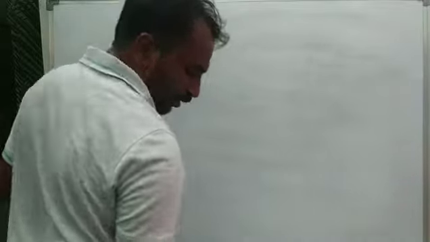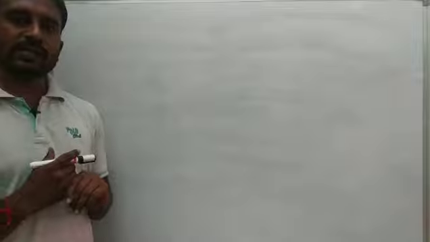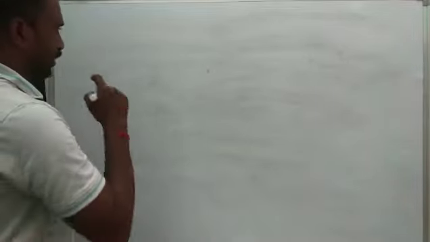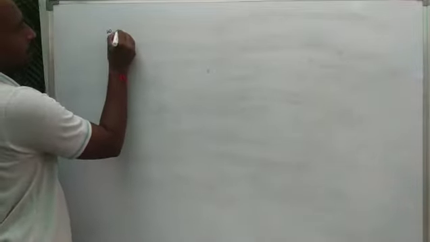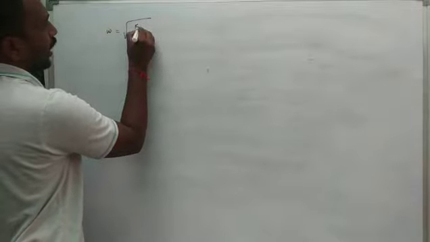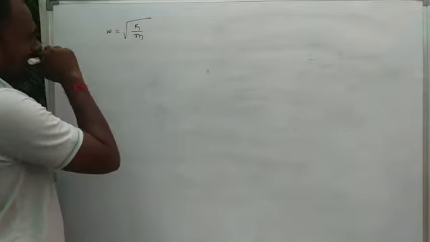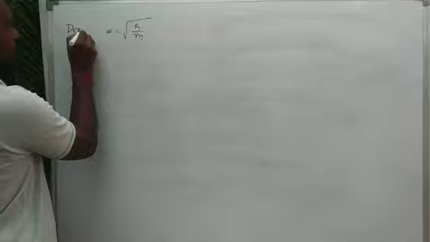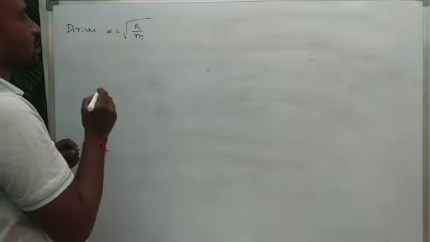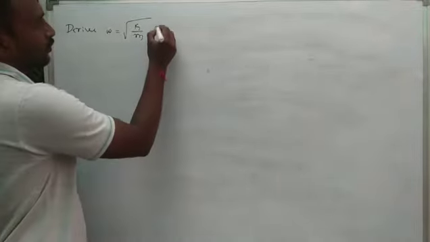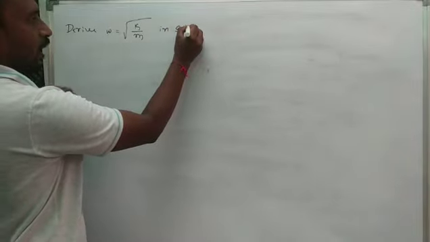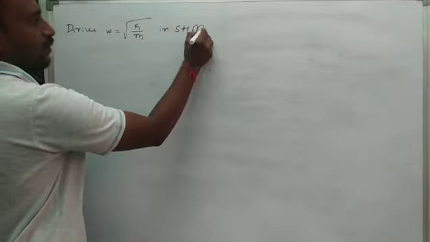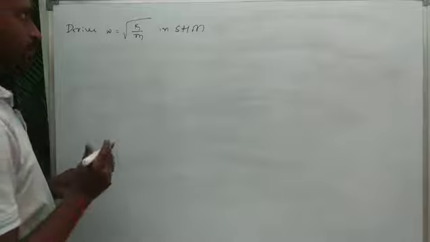Before going to this question, we consider one derivation: omega is equal to root of k divided by m. Derive omega equals root of k by m in SHM, simple harmonic motion.